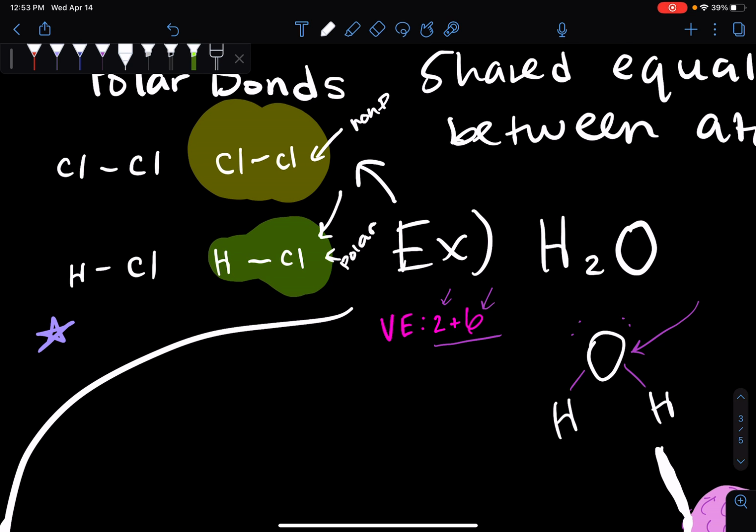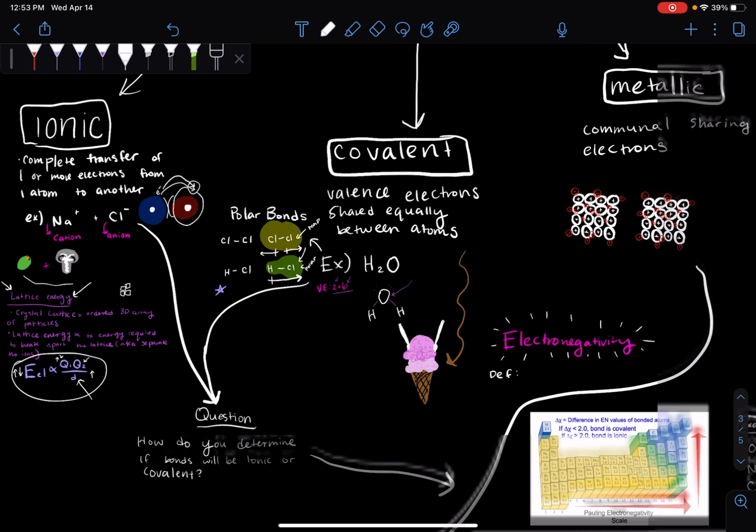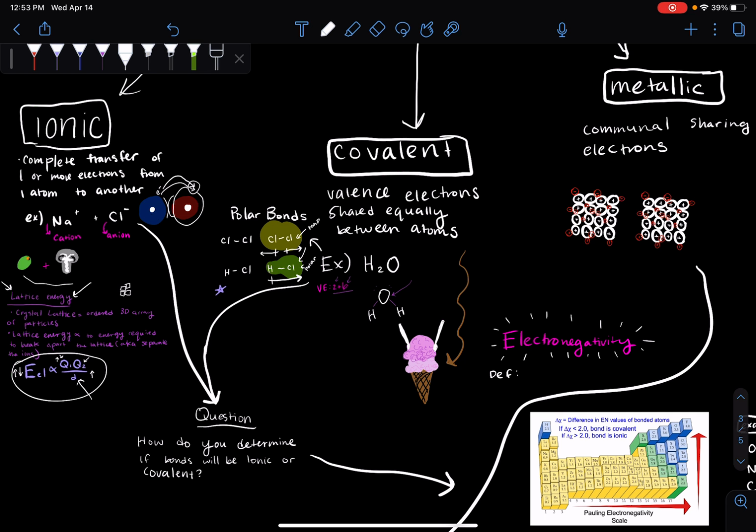So here, in Cl-Cl, these would be both pulling on each other equally and cancel each other out. Whereas with HCl, the electrons are going to spend more time around this chlorine, and so the dipole moment is going towards the chlorine. Okay, that's it for covalent bonds so far.